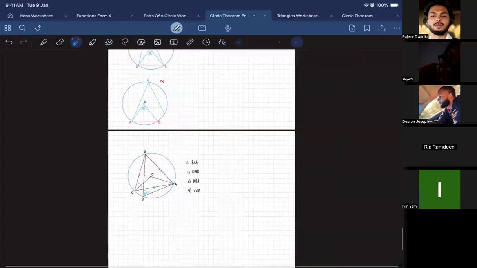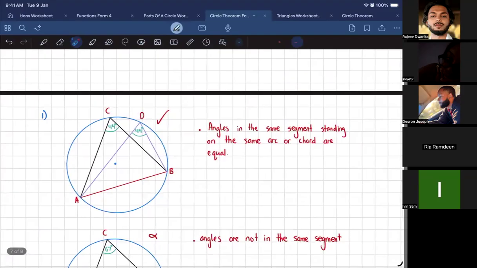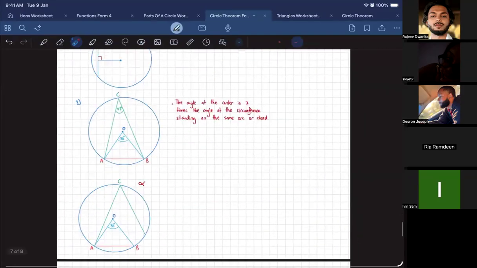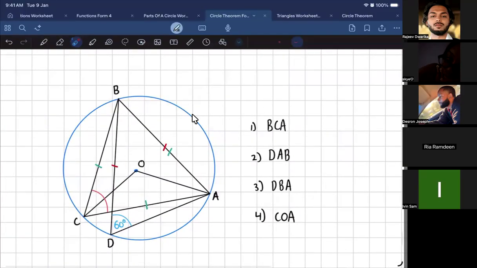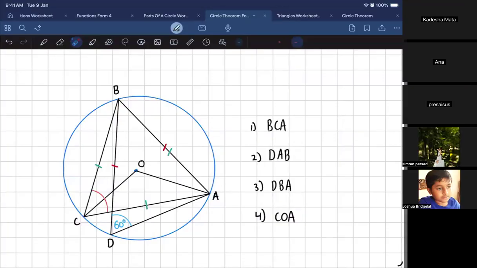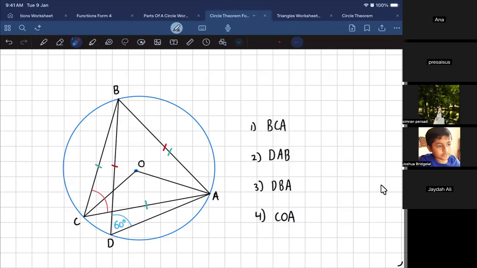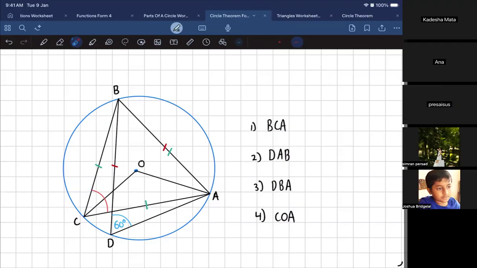I know it's hard to see, right? But essentially, you had to use this theorem. Anna, I feel like you're a little confused. I'm gonna run that back one more time. Jira, you want to run that back one more time? Yes, sir.